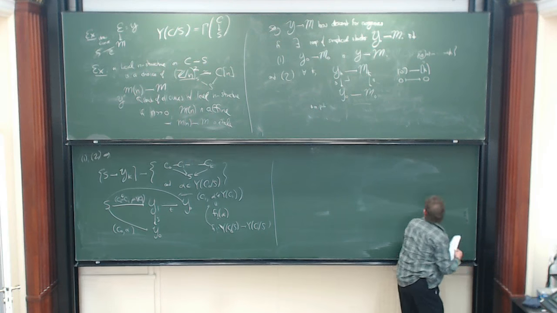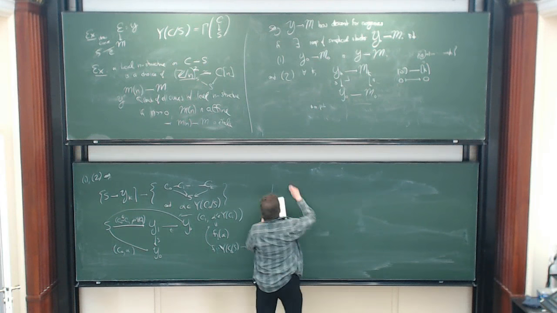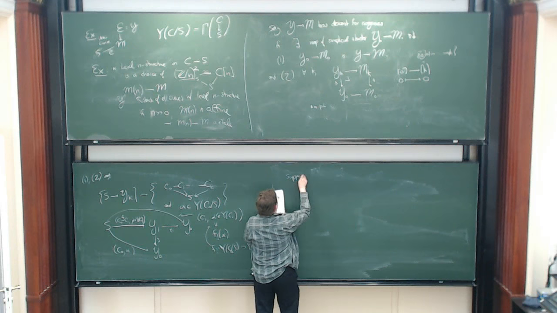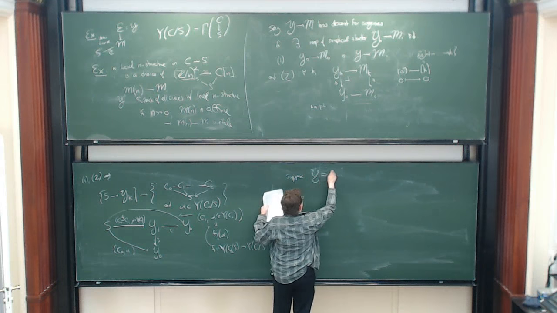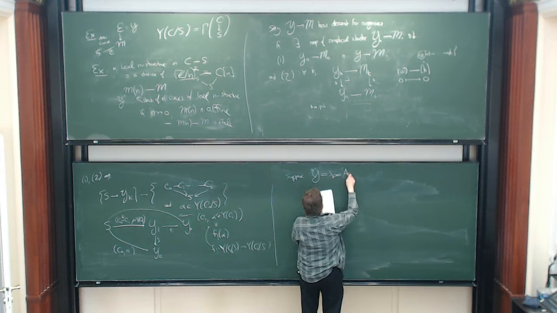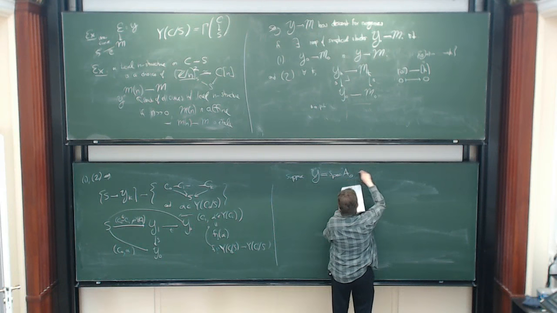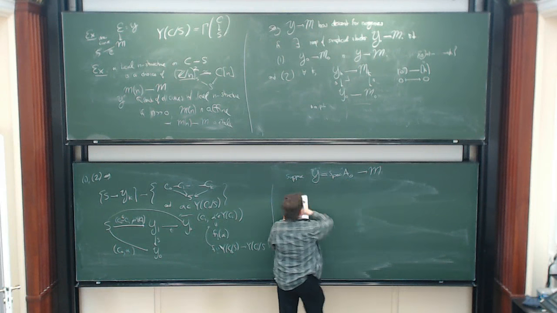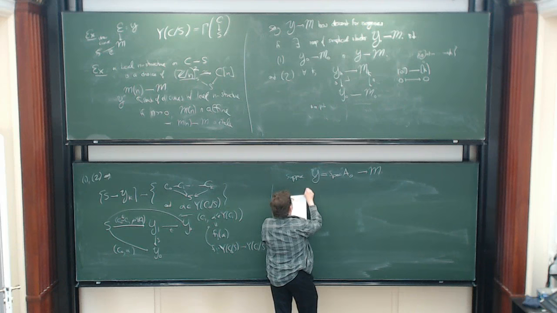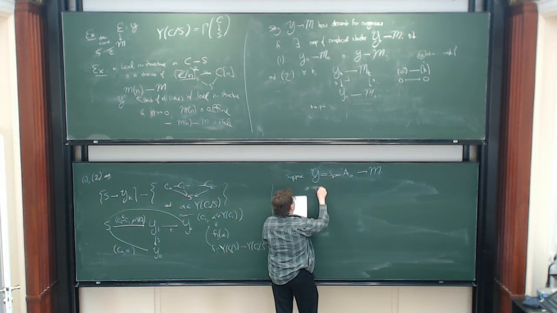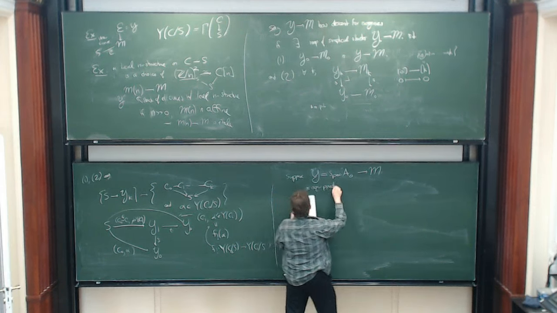So let's make an observation, which is what I really want to fix on. Let's suppose y is actually spec of a ring. Let's call this A0. And suppose this map is equipped with descent for isogenies.